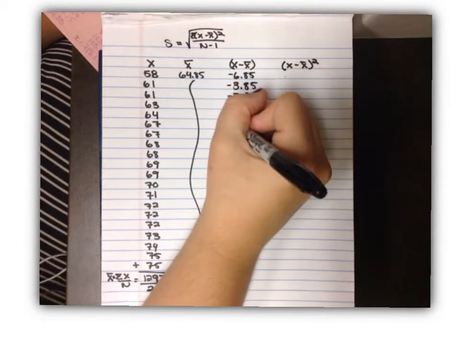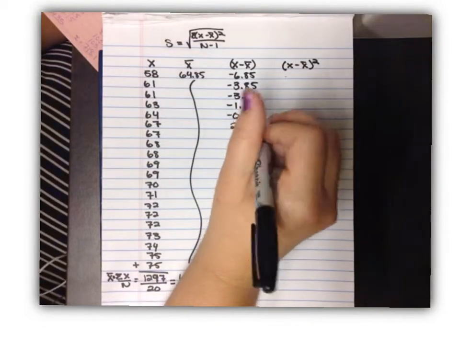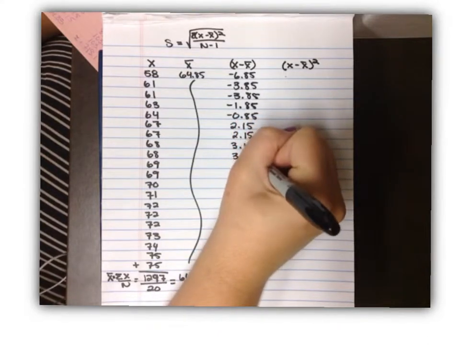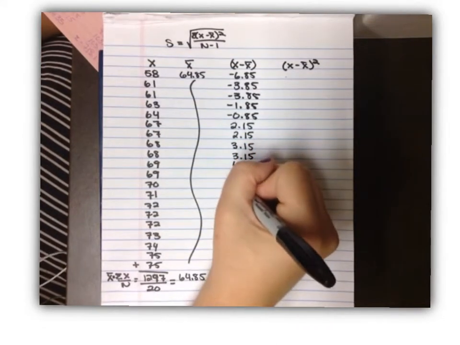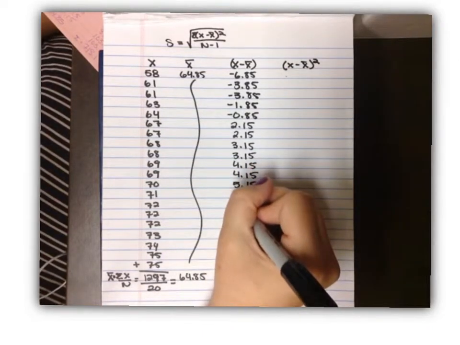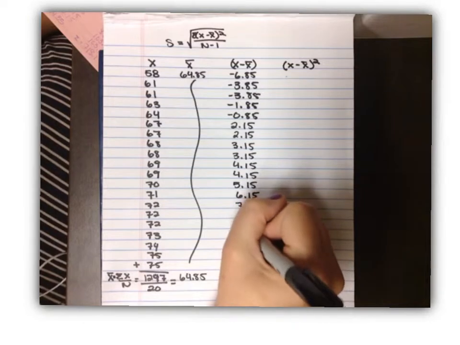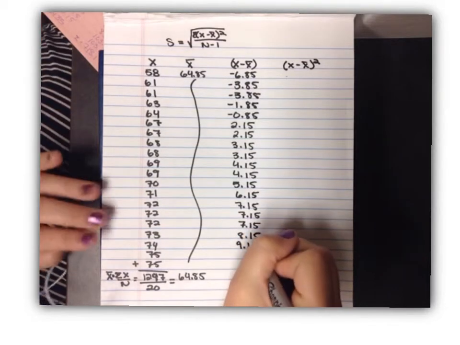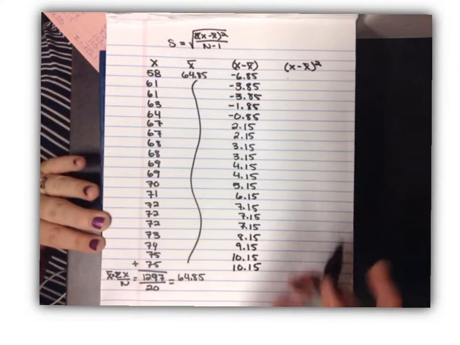And then we switch into the positives, and we're going to have 2.15, 2.15, and then 68 minus 64.85 is 3.15, and then 4.15, and then 5.15, 6.15, 72 minus 64.85, 7.15, and we have 3 of those, and then 8.15, 9.15, and then 10.15 twice. All right, so that's all of our x minus the means.